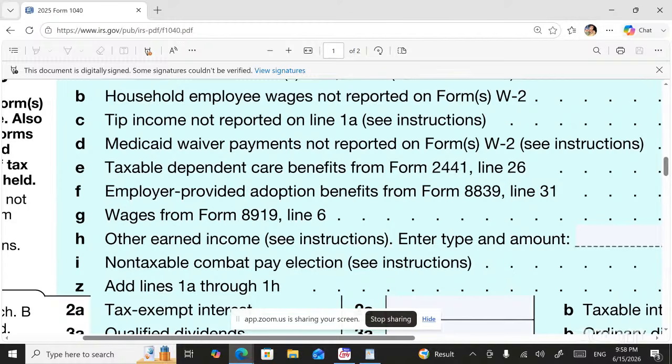Now coming to 1E, taxable dependent care benefits. It is purely linked between the employer and employee. Example, one mother is working in Reliance company, but that mother has a small kid. Because of this kid, she will not be in a position to work in the organization properly.